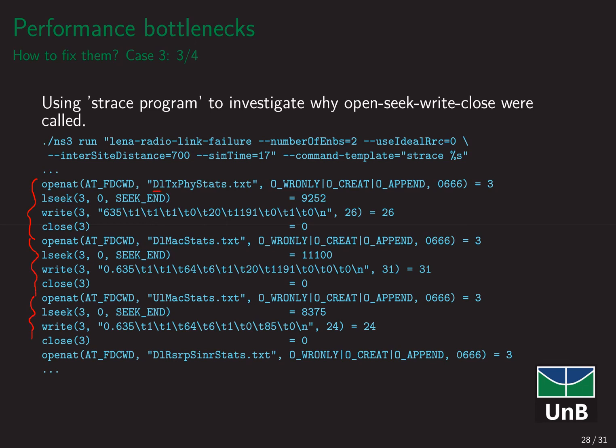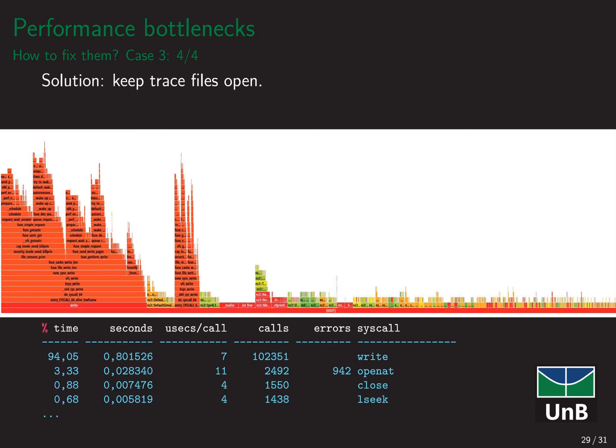So we can inspect the code which accesses those files and change them to keep them open and write less frequently. By keeping those LTE trace files open, we reduced the overhead of the file manipulation by about 50%, providing a pretty good speed up.